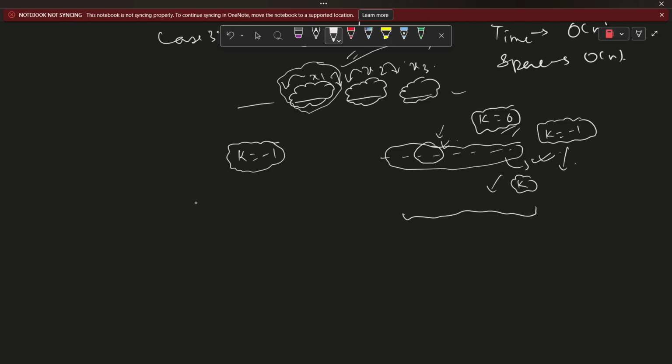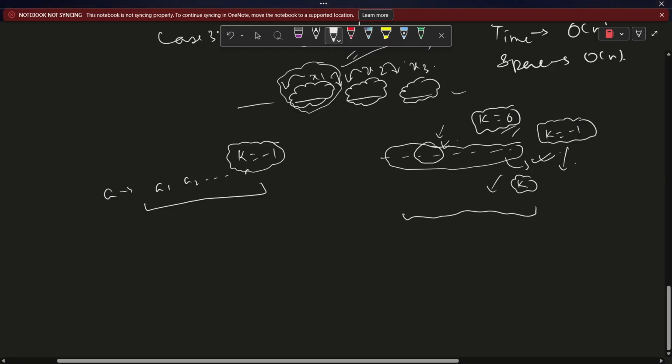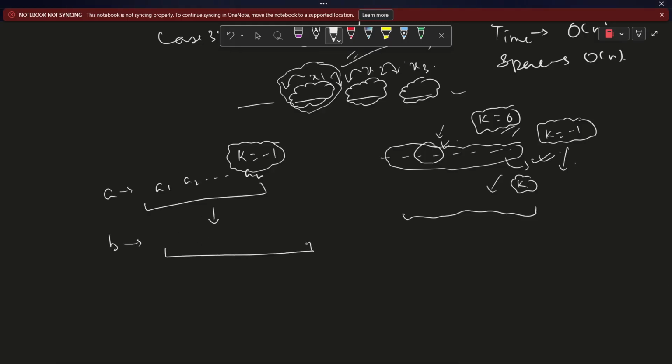So what if my array is not initially sorted? Let's say this is my original array, A1, A2, up to AN, and let's say B denotes my sorted array. So if I sort this array A, this gives me B1, B2, B3, until Bn.